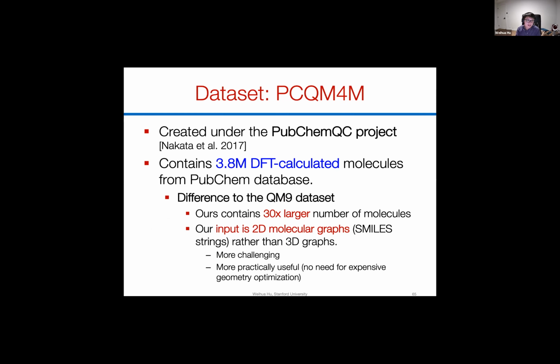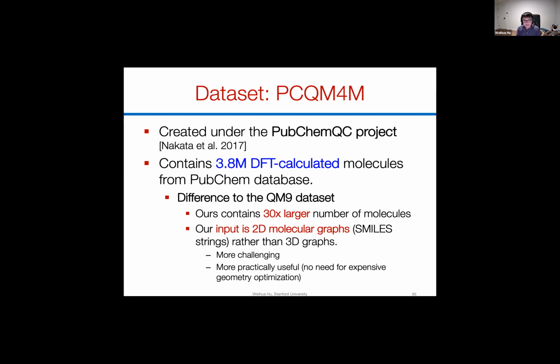Here I want to emphasize the difference to the widely used QM9 dataset. The first one is obviously the scale. Our dataset contains 30 times larger number of molecules. Another difference is that unlike QM9, our input is 2D molecular graphs given as SMILES strings, rather than 3D graphs.